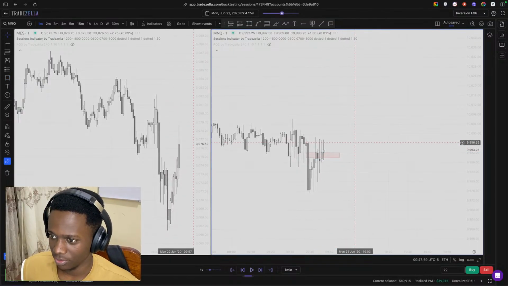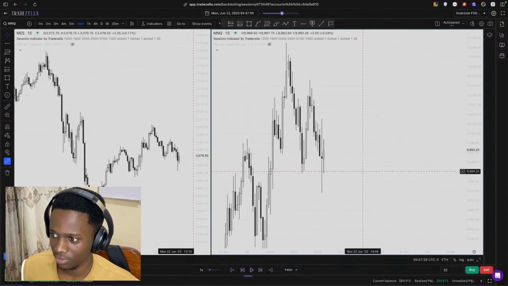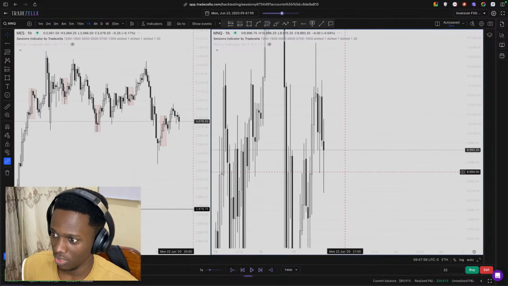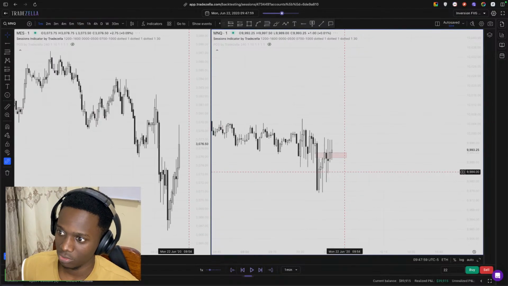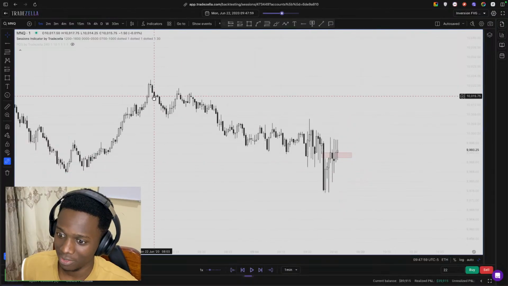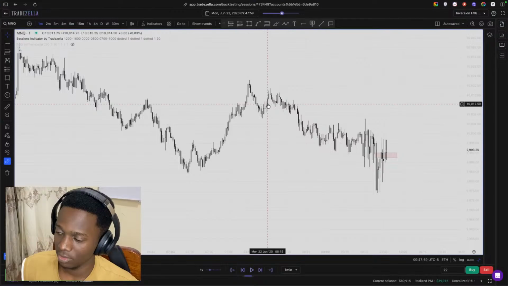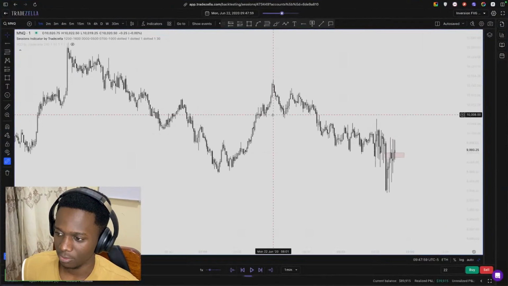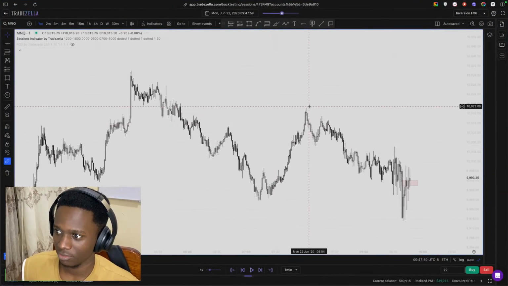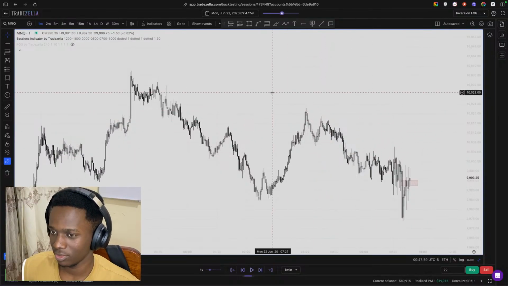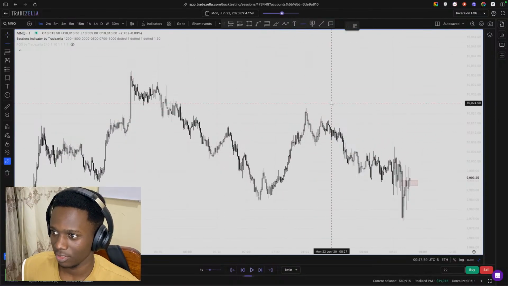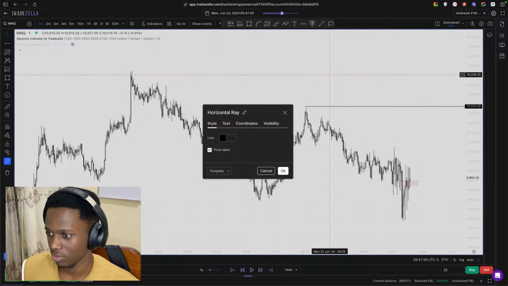Maybe this inversion can take some longs. We have a run lower, 15-minute POI, 1-hour POI. So maybe this could be the break from the consolidation. I don't know, probably. So I believe we have this low resistance liquidity here and a couple of areas to target if these longs are to work out.